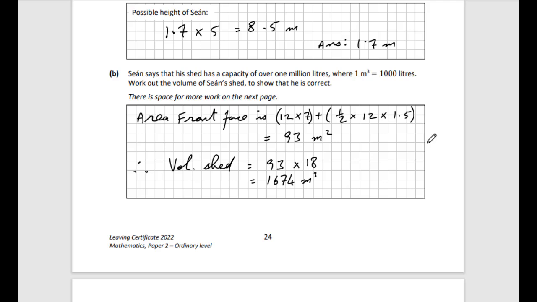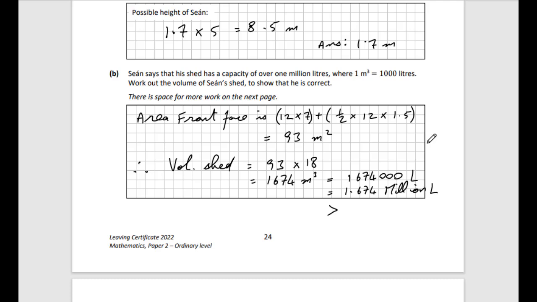And that's meters cubed. Now, Sean says that the shed has a capacity of over 1 million litres, so we've got to convert this to litres. So 1 cubic metre is 1,000 litres, so 1,674 cubic metres is 1,674,000 litres. So that's, if you like, 1.674 million litres.